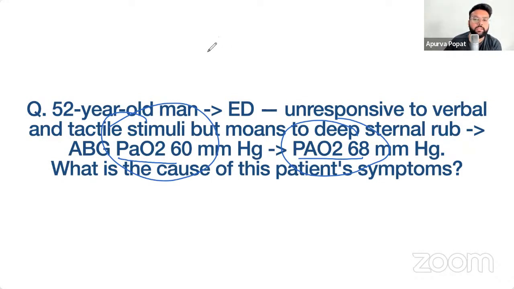I'll wait for your answer. This is very, very important. You have to think. Some from YouTube have already given the answer. What do you think, guys? Why is PAO2 less?